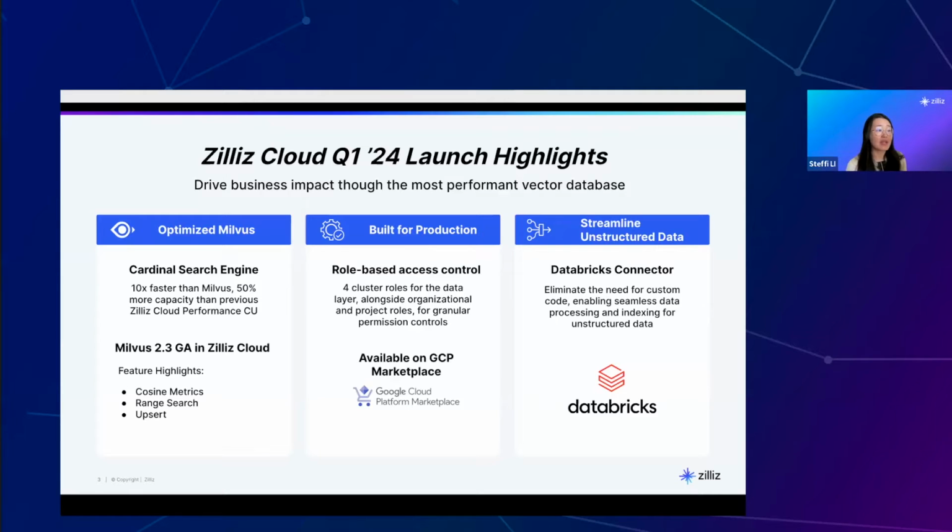Even more important, we also provide data layer permissions, for example if you want to add or view certain data. For the data layer, we have three built-in roles and one custom role. This really helps enhance security and teamwork while ensuring users have the right access for the right job.